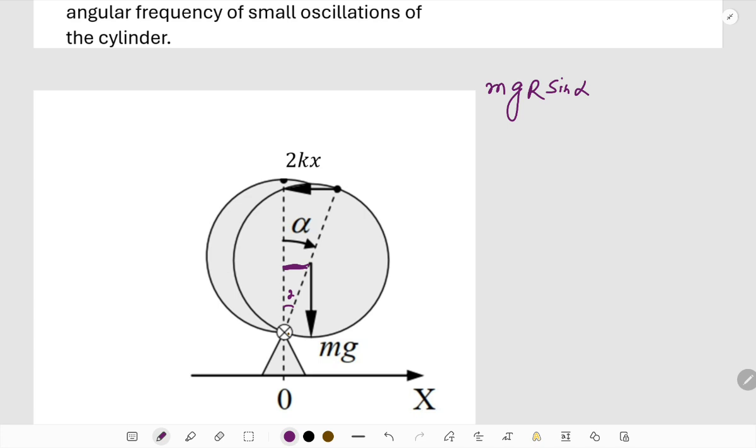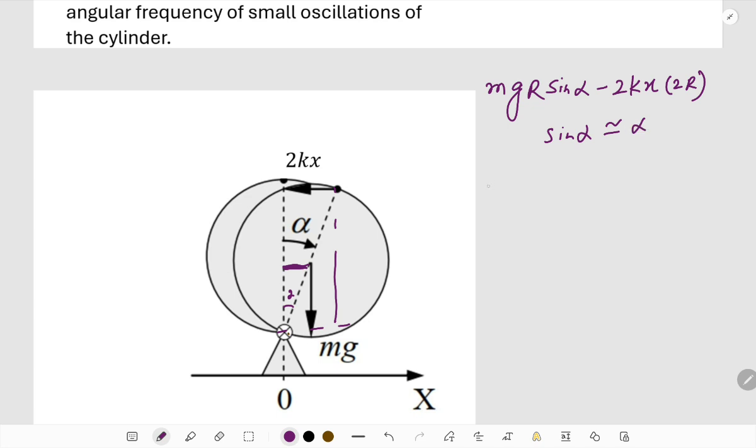Then you can write the torque of elastic forces, and it is anti-clockwise. Important thing is this, and so it should be given a minus sign here, and the force is 2kx, and its moment arm I simply took as 2r, because alpha is small enough I am considering, and since alpha is small enough, sine alpha can also be approximated to alpha.